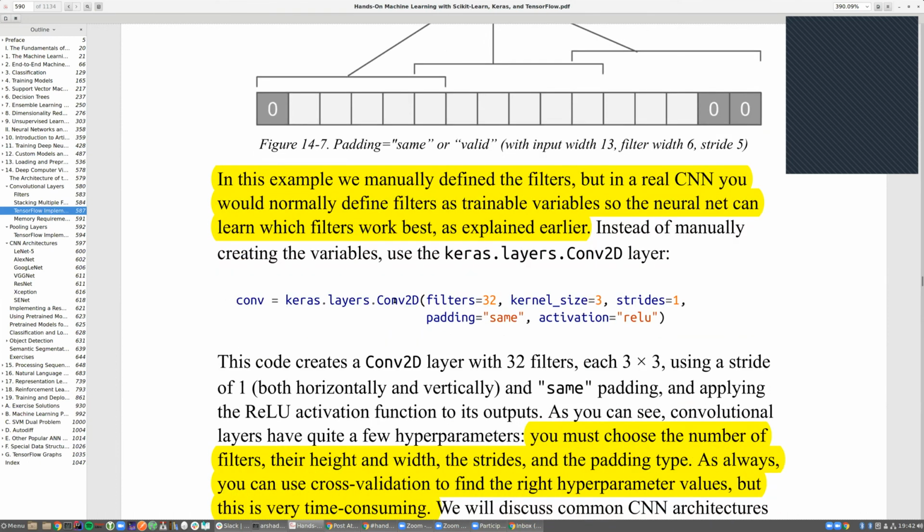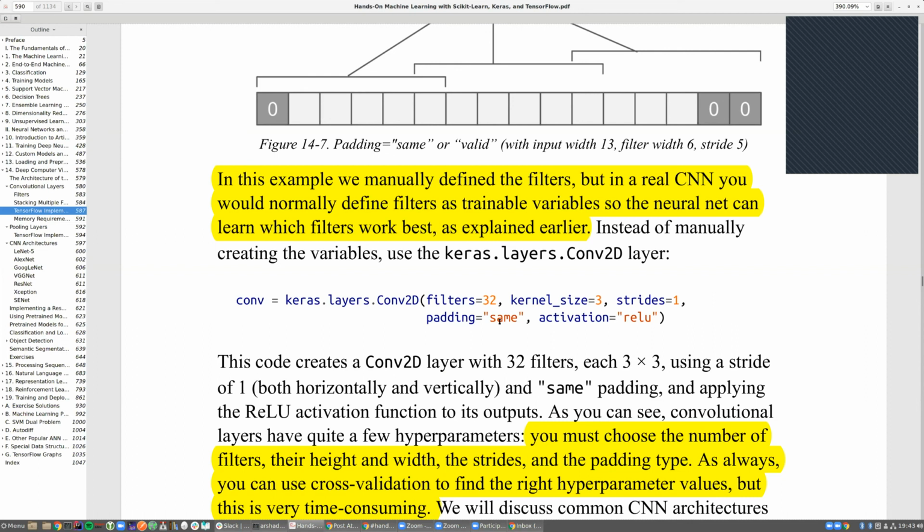This is the actual Conv2D layer in Keras, and this is the number of filters, which is what we're talking about stacking. Here they've set the kernel size to 3, so it's 3 by 3, but you can have it different in one direction than another. They've set stride as 1. Again, you can have different strides in different directions if you want, but here it's 1 stride in both the X and Y direction.